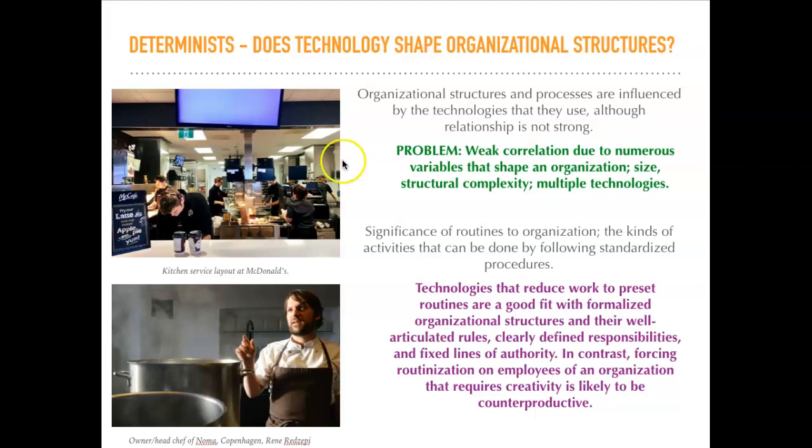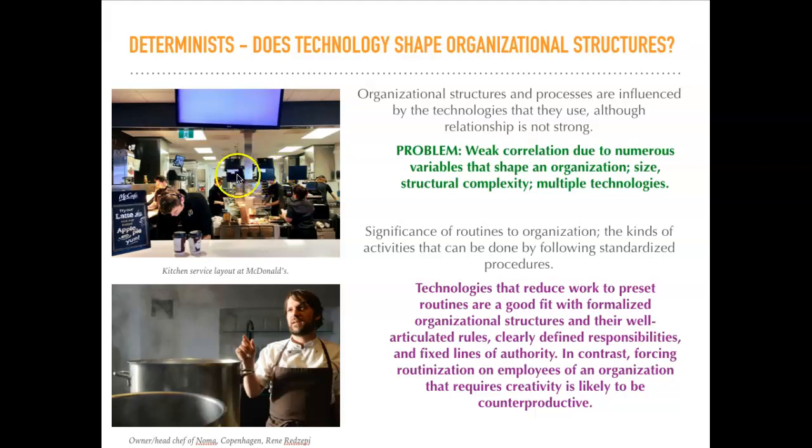But a really ready way to get at the difference in how technology can shape organizational structure is within the food service industry. So you can see here all of the busy people working at a McDonald's.